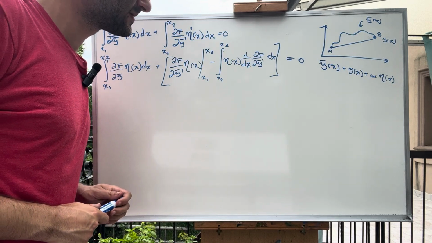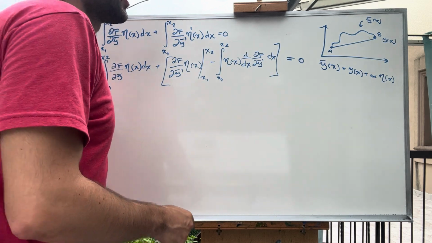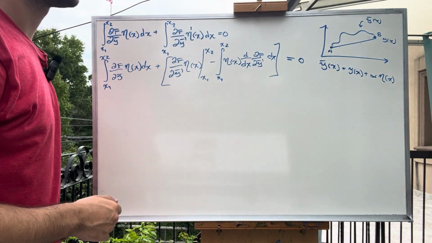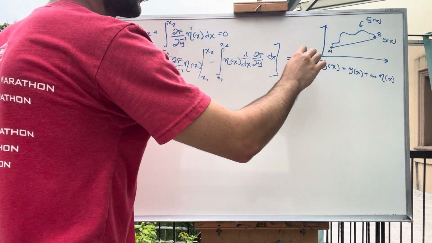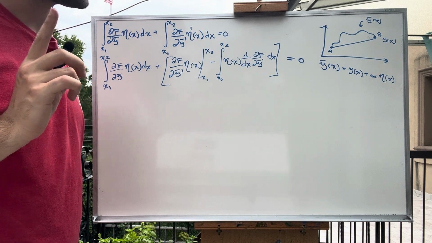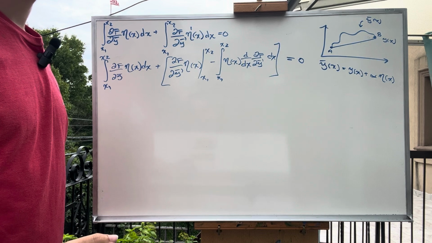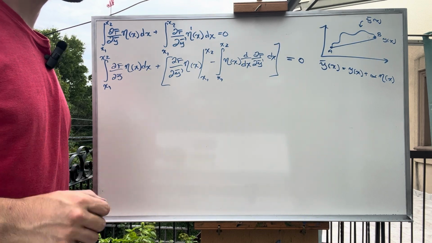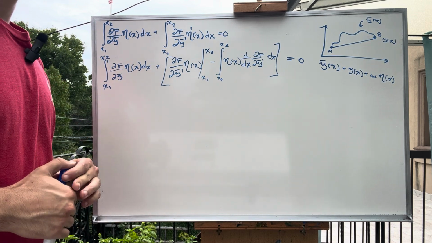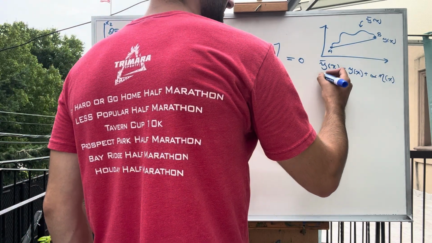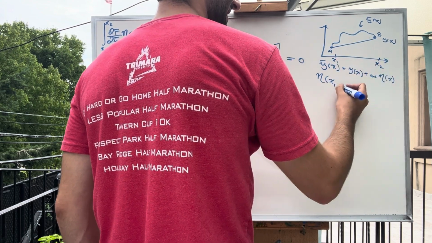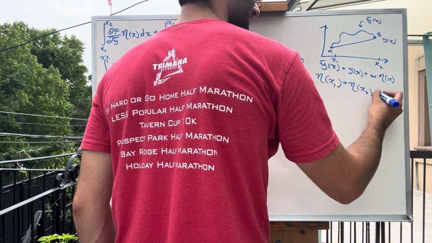So, connecting points A and B, the solution to the problem was y of x, the straight line distance from A to B. And we wrote down the function y bar of x in terms of any possible curve connecting points A to B. Now, the one thing that stays the same for all the curves y bar of x is that they all start at A and end at B. So we're given conditions that eta of x1 and eta of x2 are 0.